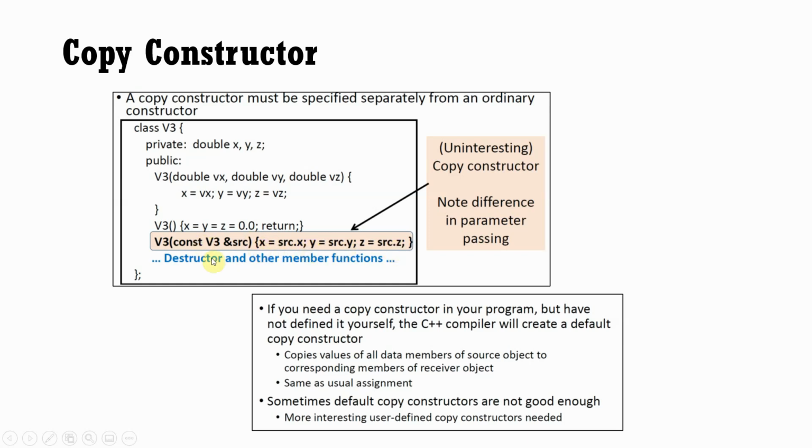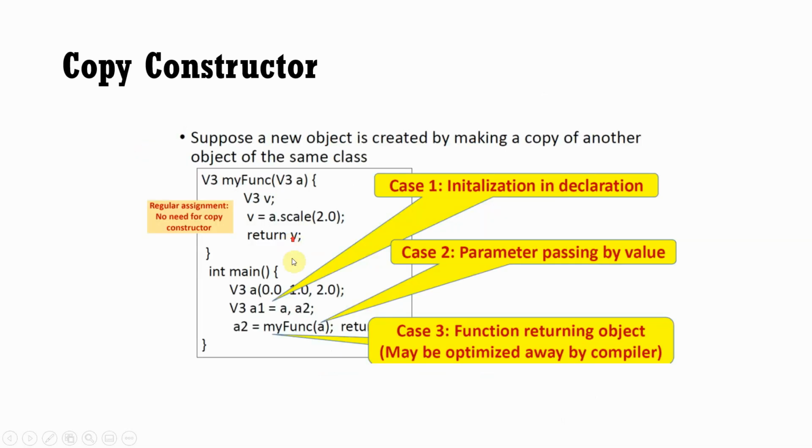It would be copying the member variables of the parameter into the member variables of the calling object. So if our class has three member variables x, y, z, it would be copying x, y, z of a into x, y, z of a1. Okay.